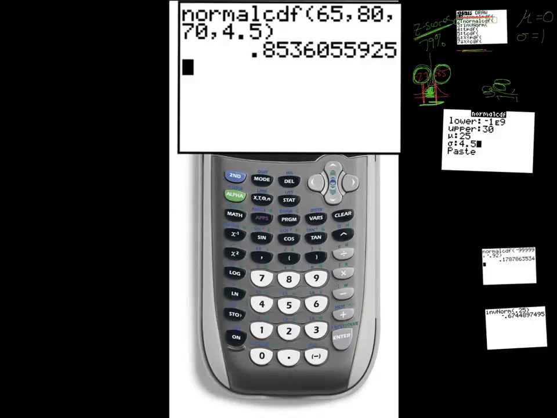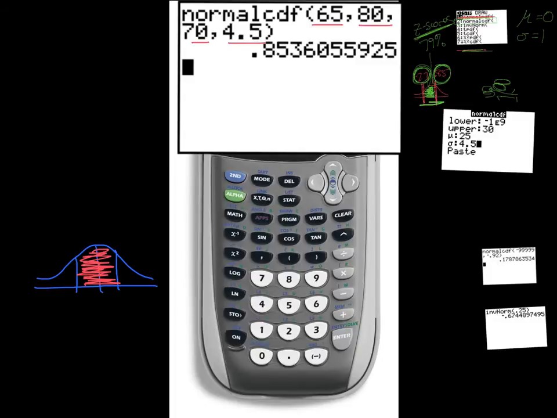And if you type in from your actual data, so let's say we had this right here, and let's just use the numbers that I've got available for me. So this appears to be asking for something along the lines of this. And the area it wants is like right here. Here's what this thing says. This says, find me the area, O calculator, between 65 and 80 if the mean is 70 and the standard deviation is 4.5.